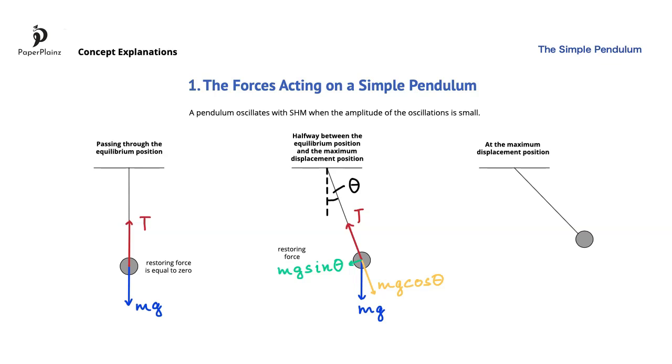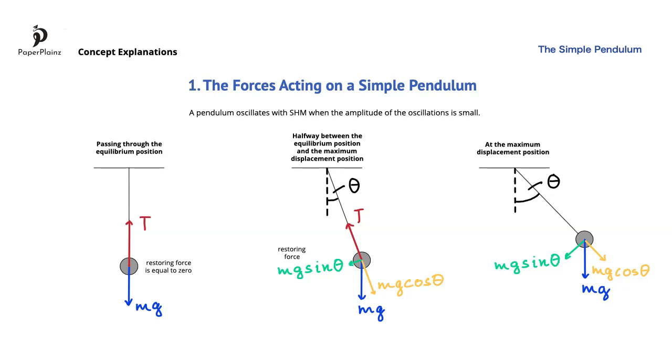We have the gravitational force, which we can resolve into two components based on the displacement angle. Once again, we get mg cosine theta and mg sine theta. So how does the tension look like here? Recall from earlier that at the maximum displacement position during simple harmonic motion, the object stops for a moment so its velocity is 0.